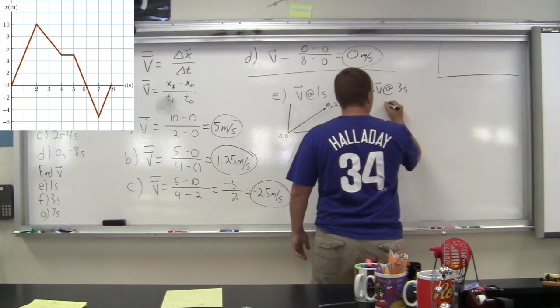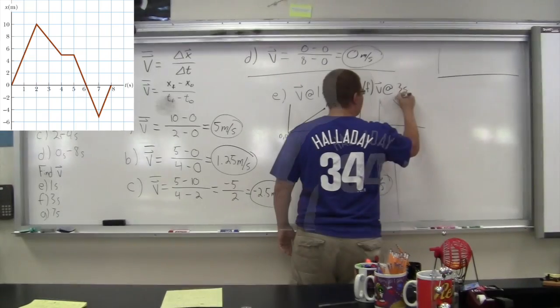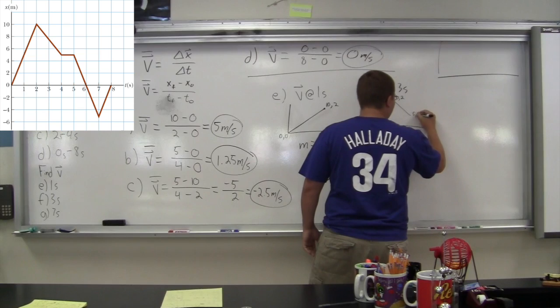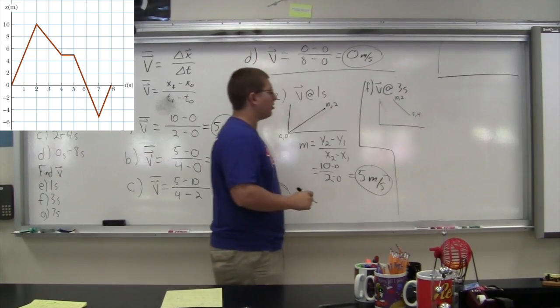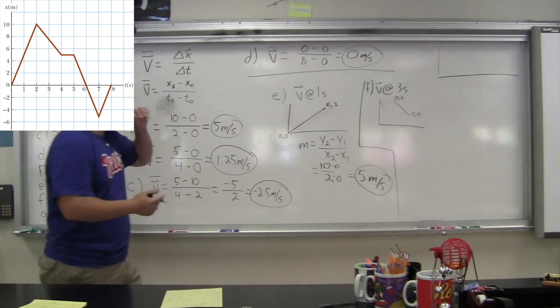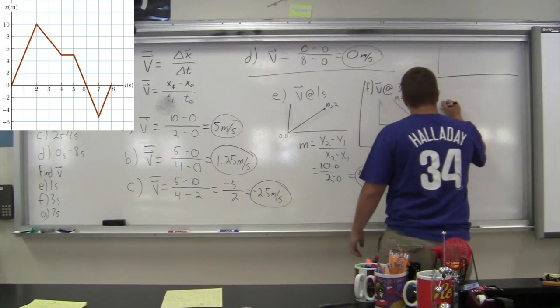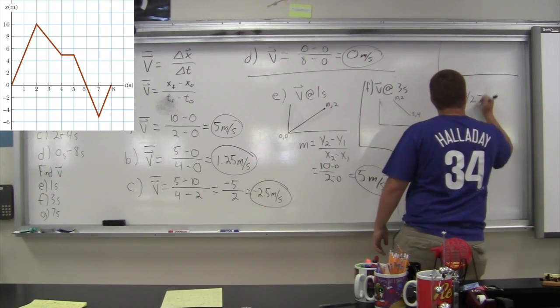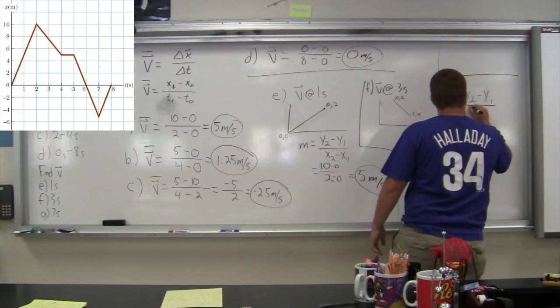So I'm going to draw this little graph here, 2, 10, and 4, 5. Those look like the points that make up the line from 2 to 4. We're just going to find the slope again: y2 minus y1 over x2 minus x1.